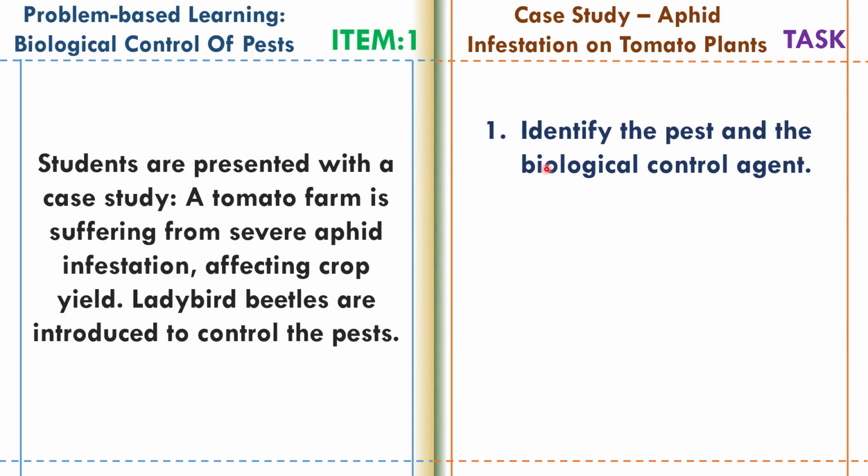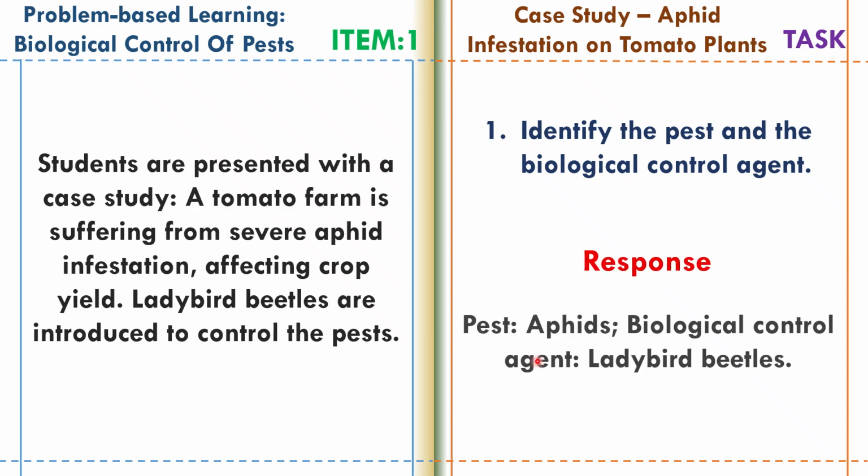Identify the pest and biological control agent. The pest is the aphids, and the biological control agent is the ladybird beetle.